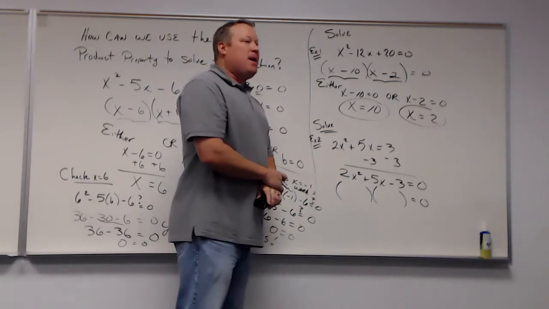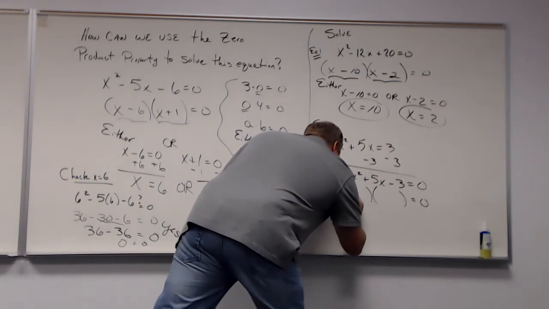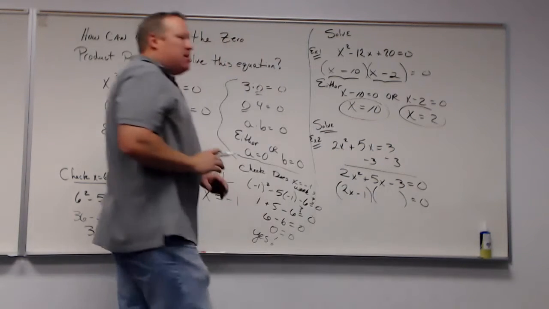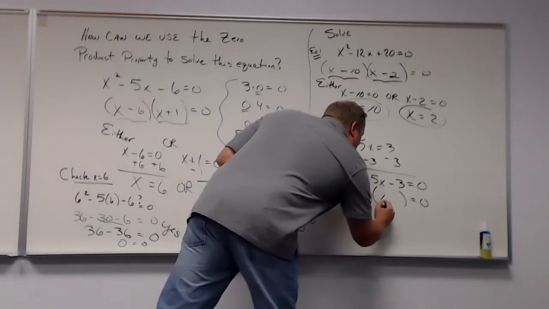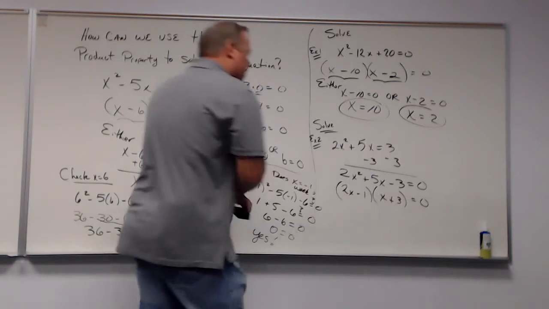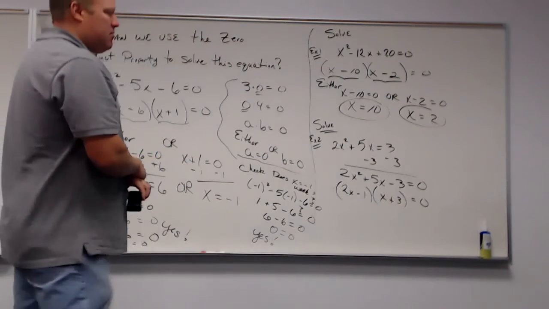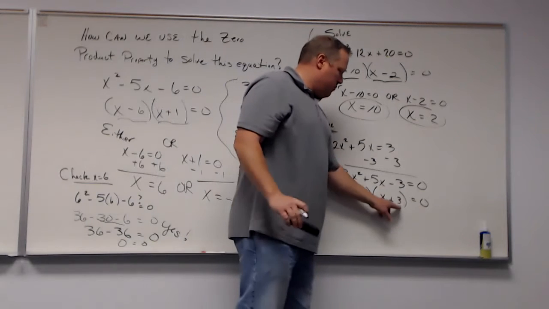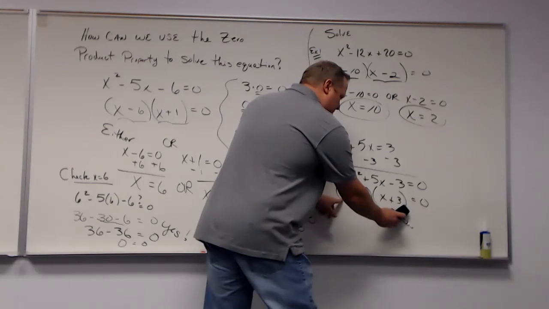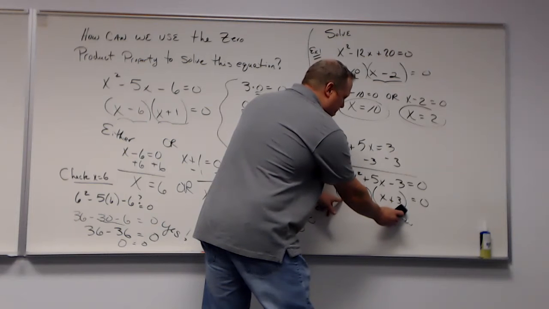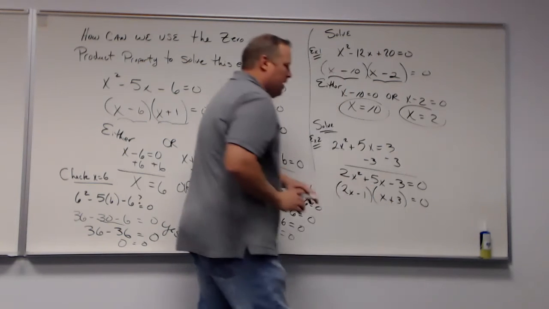Okay, if you're back, see, you put a 2x minus 1 in there, that might work. And x plus 3 might work, because the last two numbers again, -1 and 3, multiplied give -3, and 2x times 3, which is 6x, minus 1x will give you your 5x.